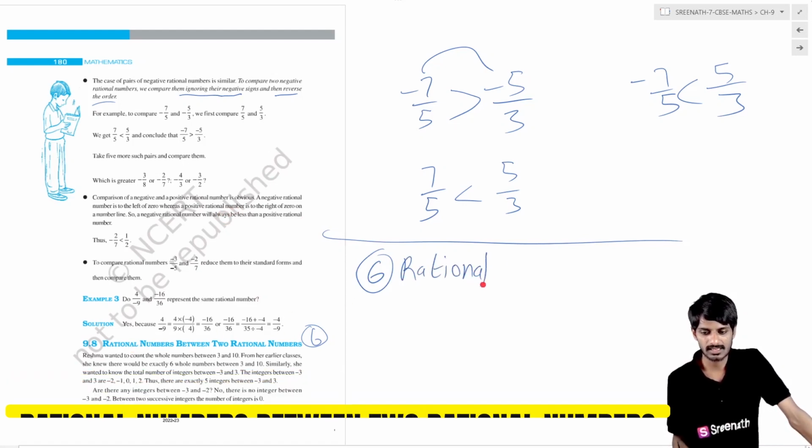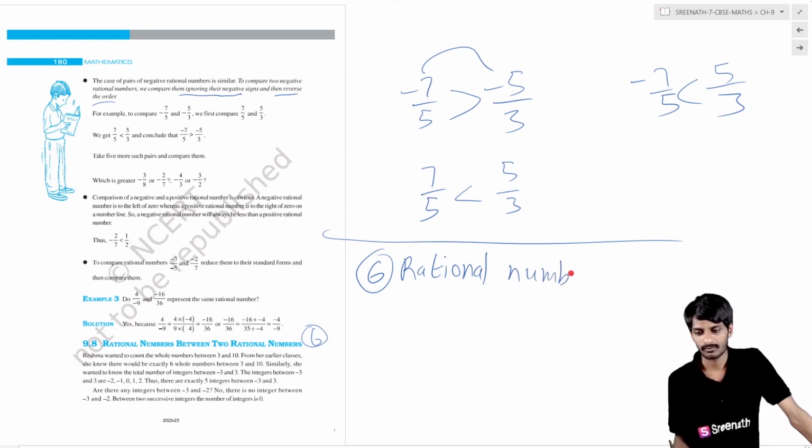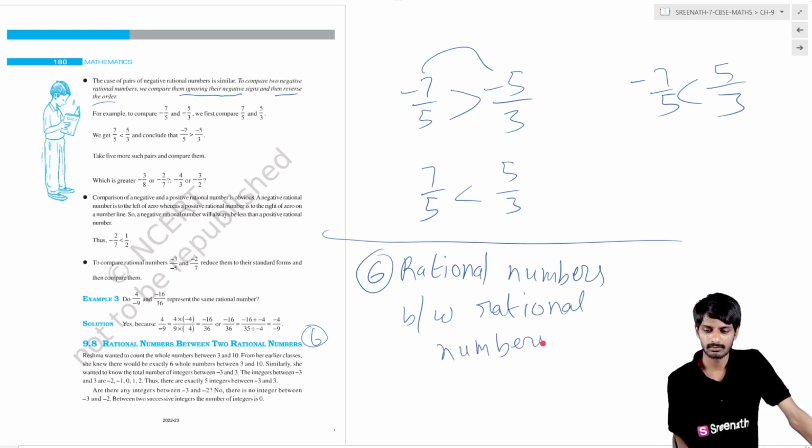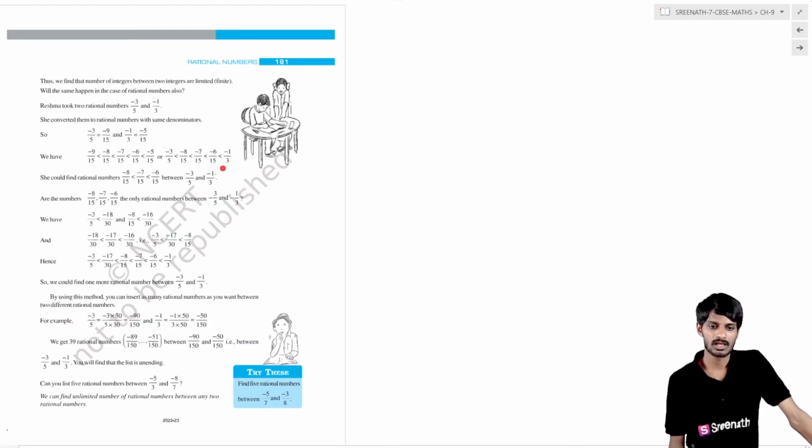Rational numbers between rational numbers. So basically, minus 3 by 5 and minus 1 by 3. These two are rational numbers.